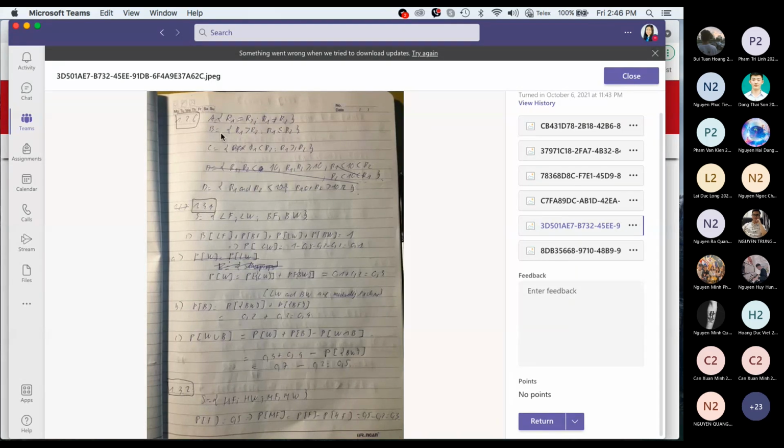B is the event R1 greater than R2. C is... no, it's not correct. C, not correct. It's not true.